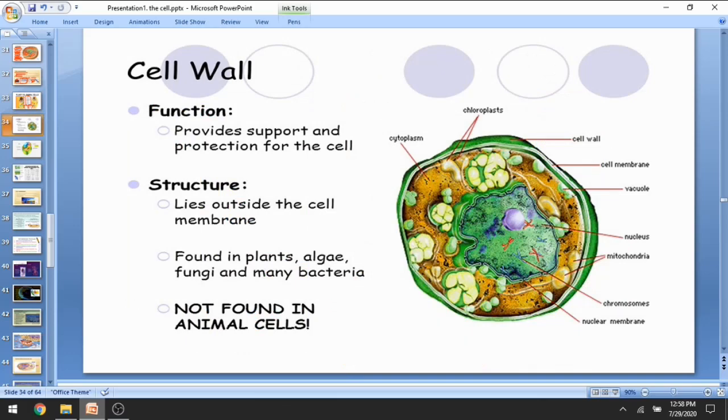Here you can see a particular cell that has cytoplasm. Yes, we know cytoplasm, chloroplast, the green pigment present in plant cell. Cell wall, which is only present in plant cell, a hard rigid structure. Cell membrane just beneath the cell wall. Vacuole, which helps in maintaining osmotic pressure and the structure of the plant cell.